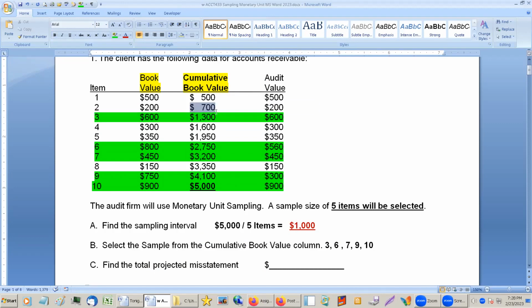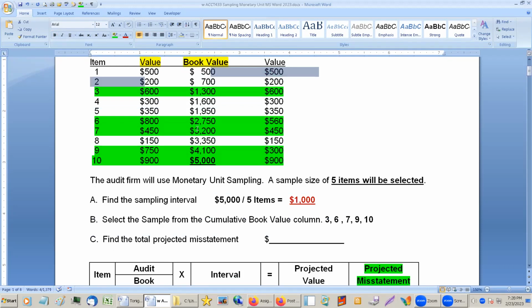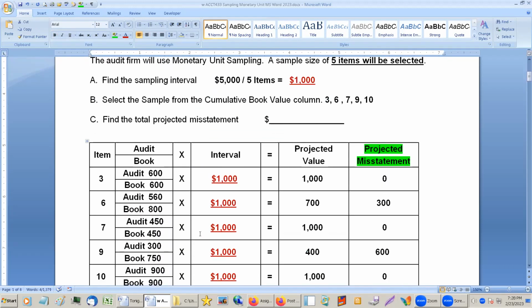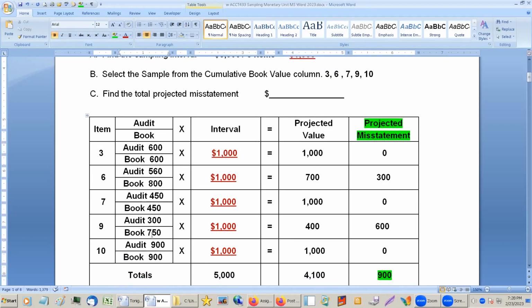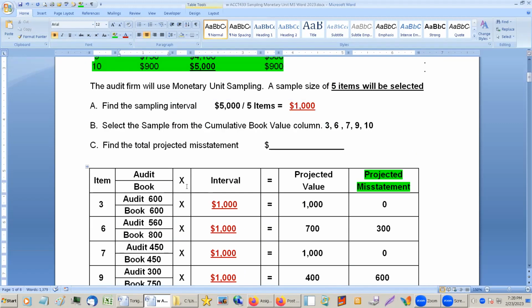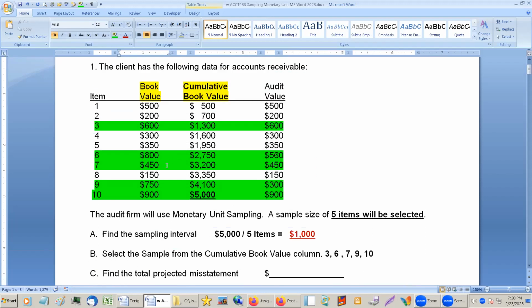Now, it's more likely that a larger dollar value item will cross the interval than a smaller one, right? Usually they're bigger numbers, like 600, 800, 450, 900. Larger ones are more likely to be picked.